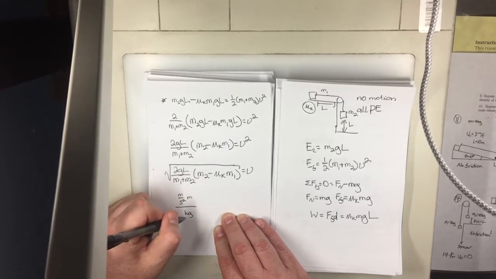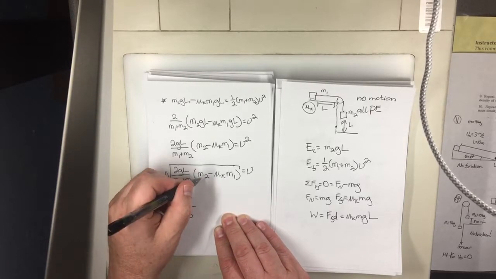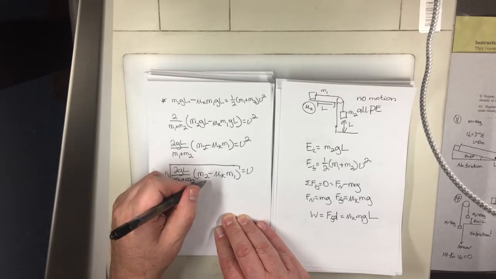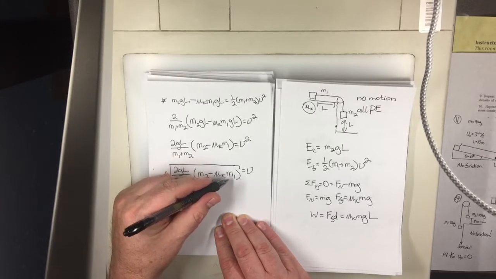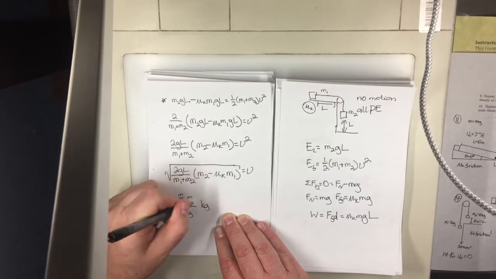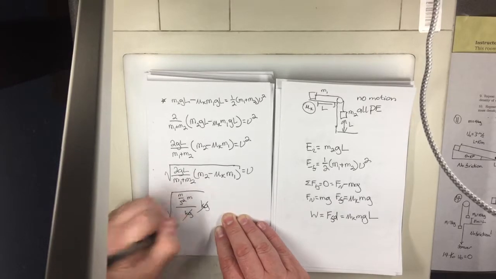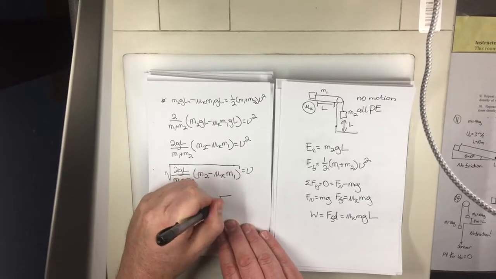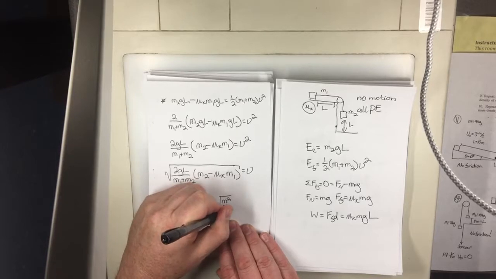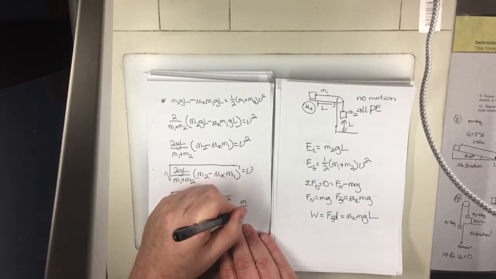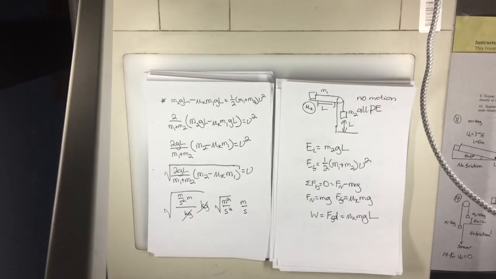Kilograms plus kilograms is kilograms. M2 is kilograms minus mu sub k kilograms. So that gives you kilograms. Cross, cross, and I'm left with the square root of meters squared over seconds squared, which is meters per second. So the units do check.